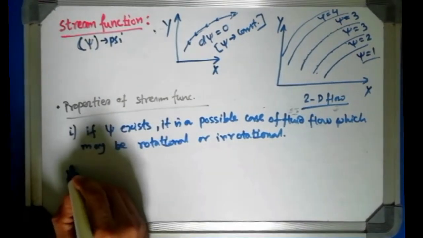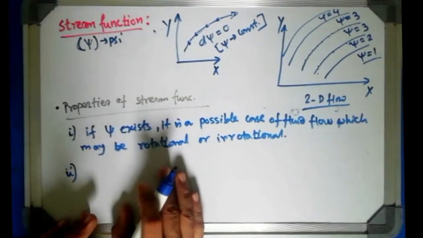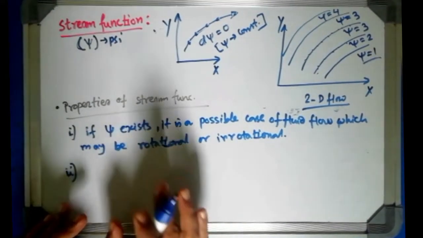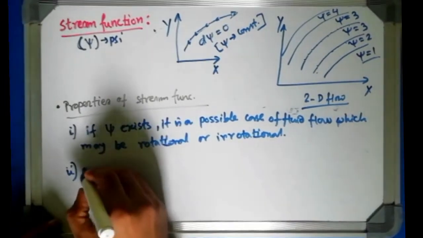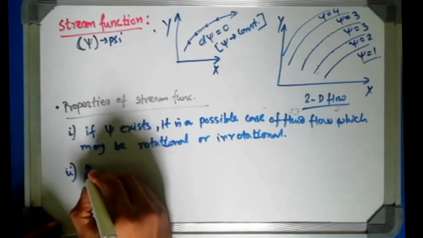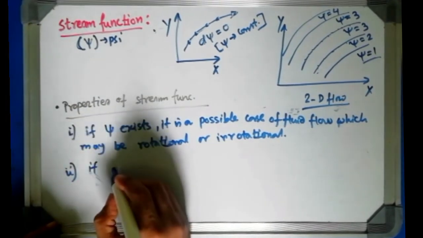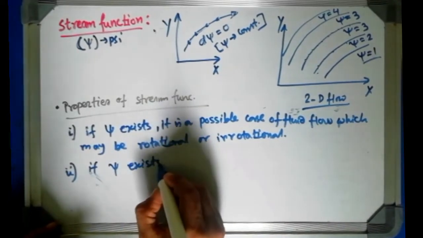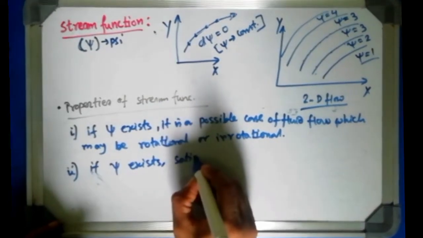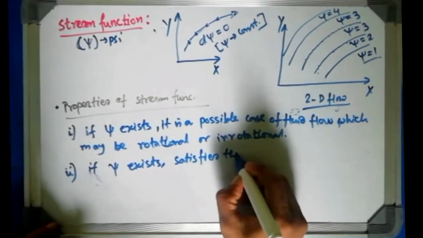And the second property I can write like this: if stream function exists, it also satisfies the Laplace equation. How can it be done? First write it down, that if stream function psi exists, then it exists and satisfies the Laplace equation.